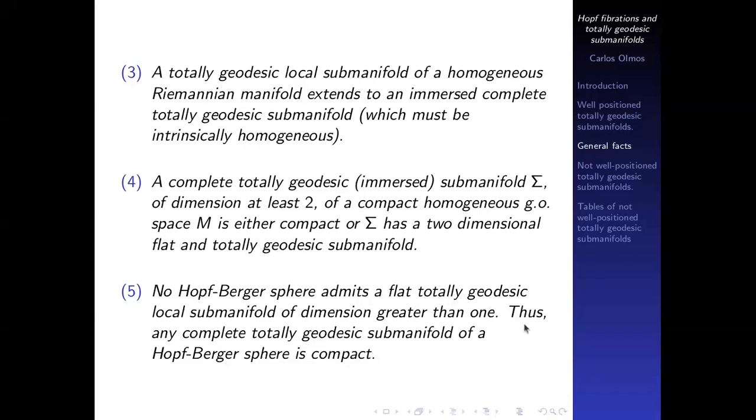So the important point here is that any complete totally geodesic submanifold of a Hopf-Berger sphere is compact. This will be important then.